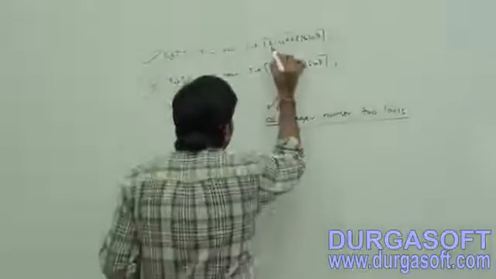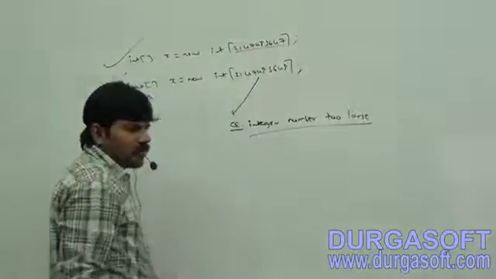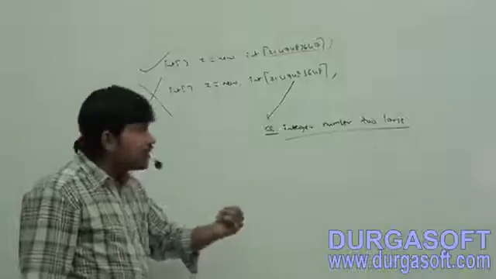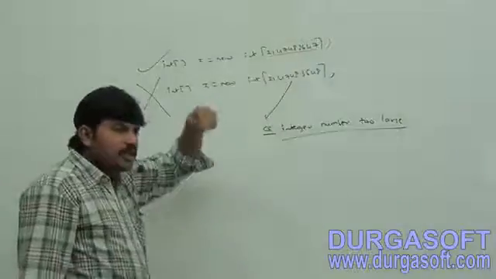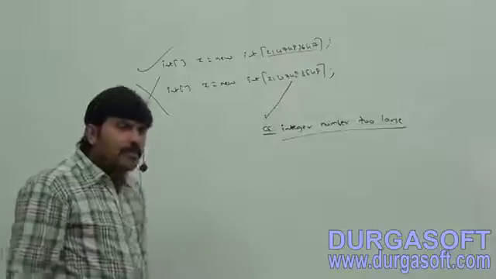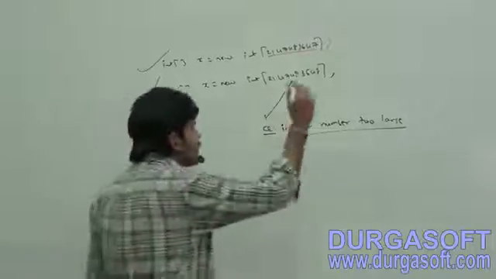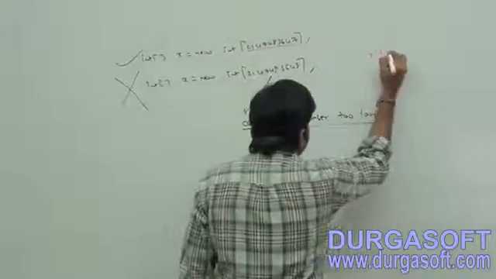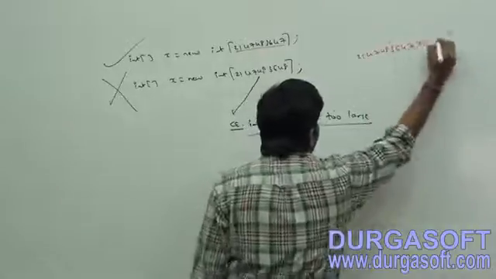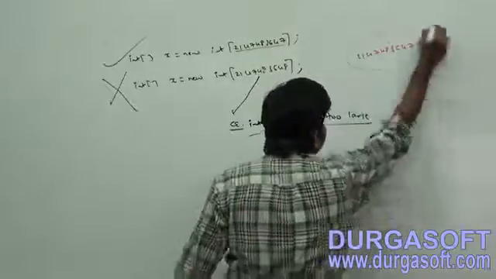How many int values will we represent? 2147483647 int values. Each int value takes 4 bytes. Then how much memory is required to create this array? 2147483647 into 4 bytes.